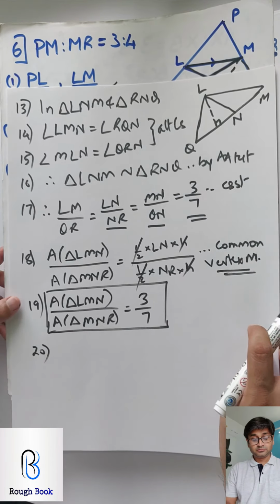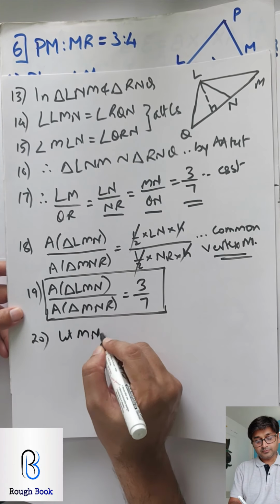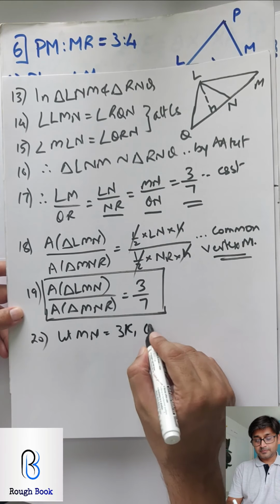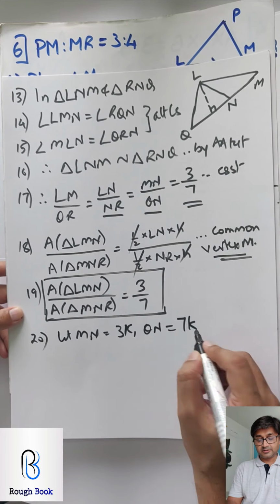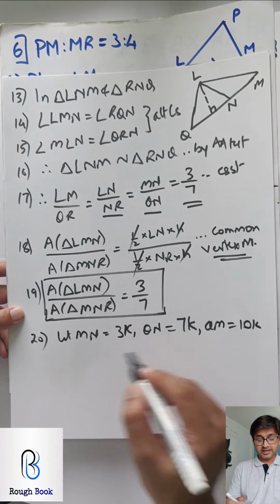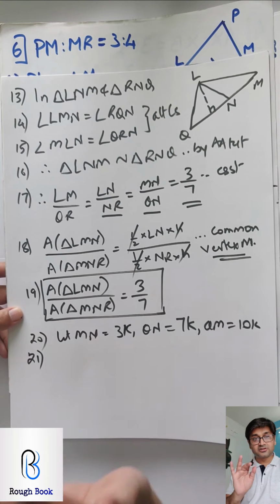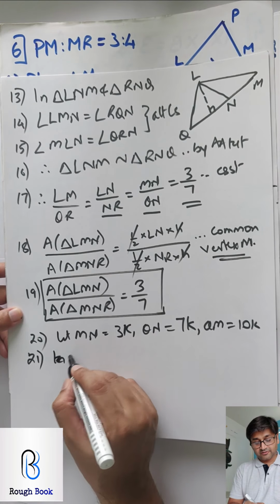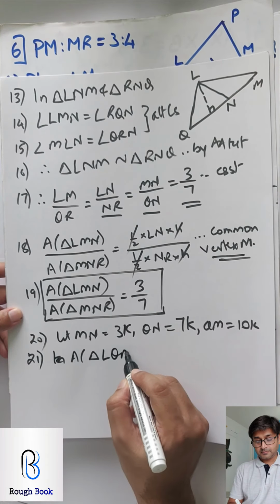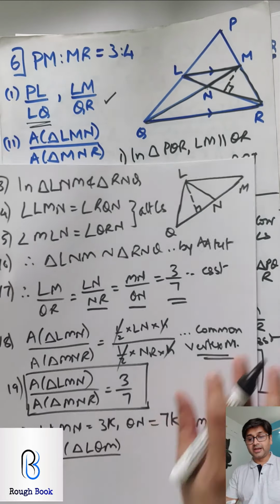Lot of work, huh? So how will we go about it? So we will say let MN be 3K and QN 7K. Therefore QM will be 10K. I am not writing anything further, directly jumping into the triangles. So therefore area of triangle LQM, because that's what they want, LQM upon LQN.